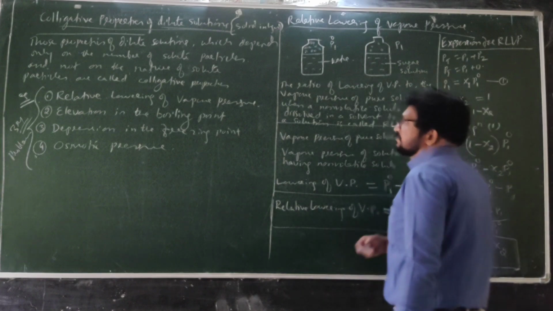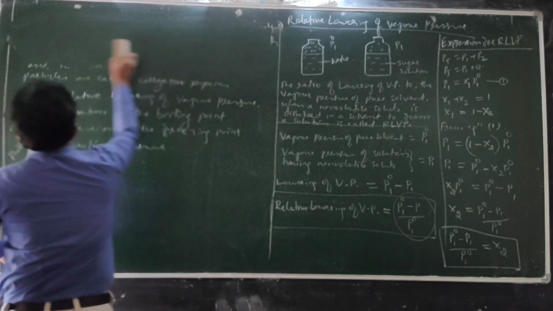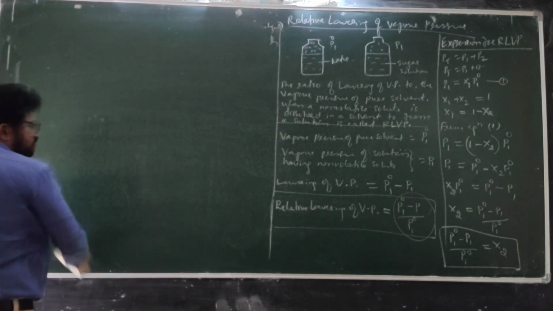So I will continue this equation. Write an expression for this. This is a modified form of Raoult's law, a different form of Raoult's law once again.